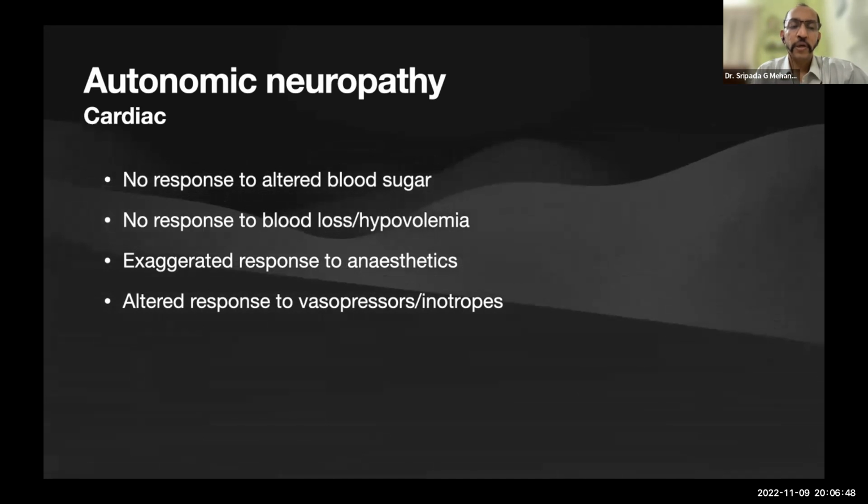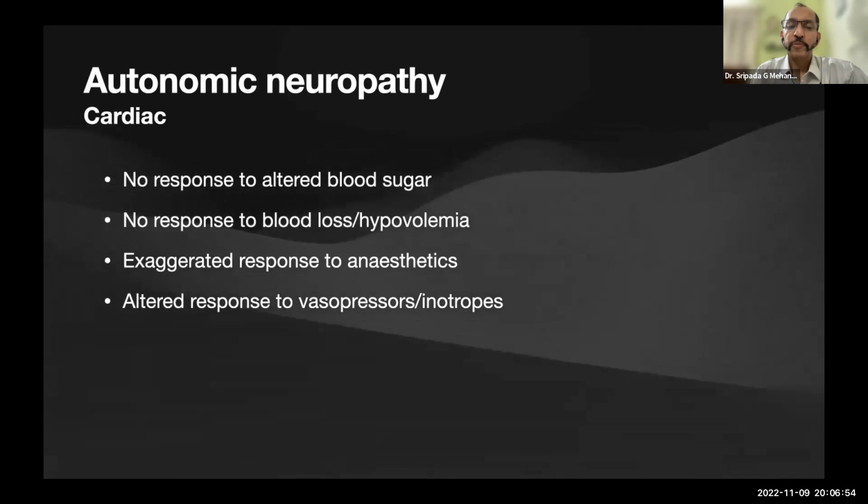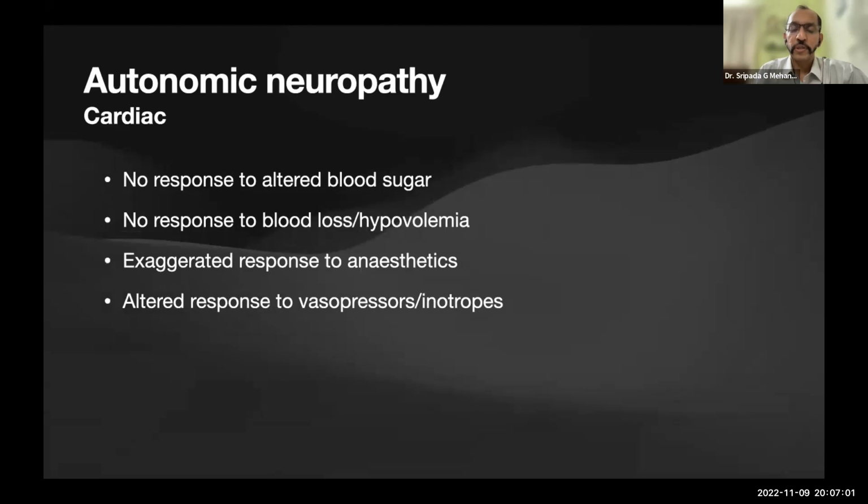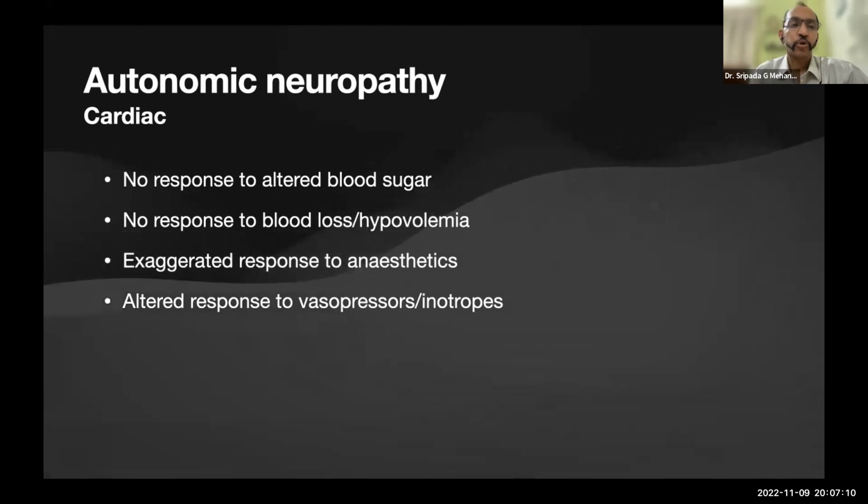But young, healthy looking adult diabetics also have these problems. Then altered response to vasopressors and inotropes, obviously we can understand, because of the denervation of the system, there will be upregulation or downregulation of the receptors, and the responses cannot be gauged. So it is difficult to titrate, and we need to be really careful during titrating the inotropes.